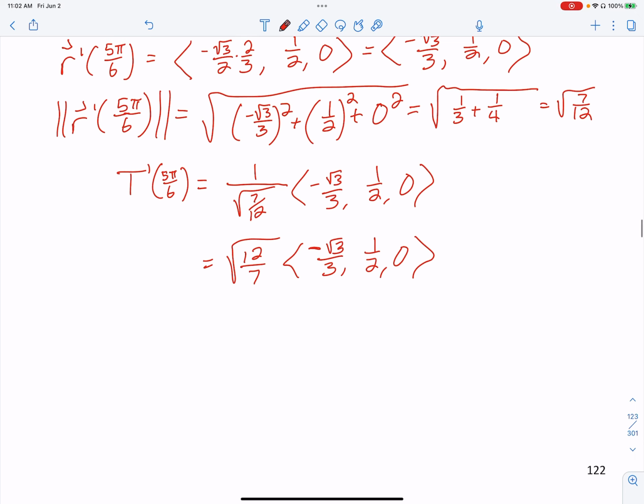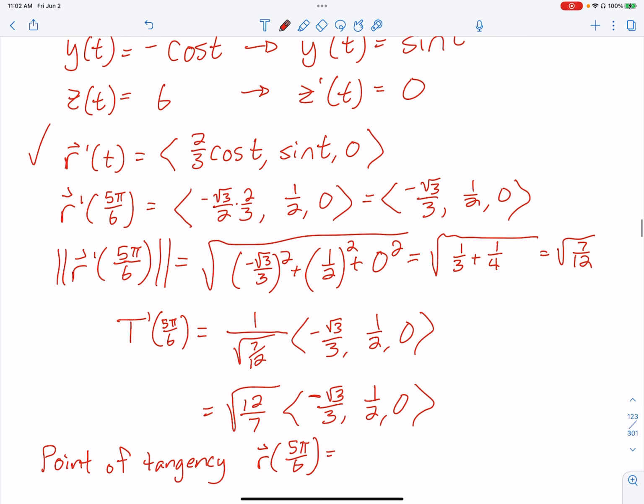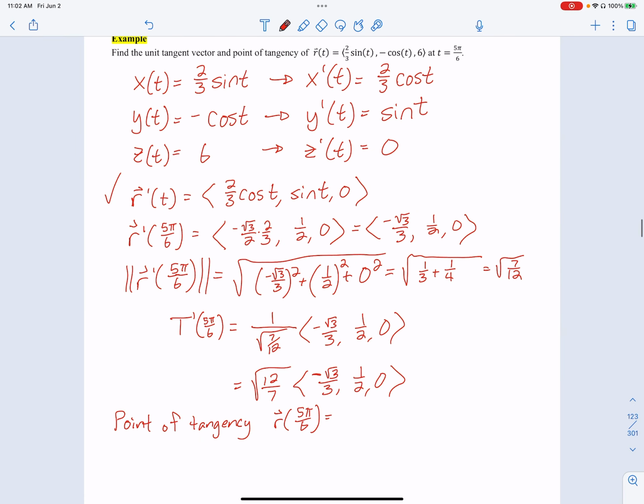They also ask for the point of tangency. How we go about that is we just plug the value in question into our function. So r of 5 pi over 6, but now we're looking at the original function. Let me zoom out here. So it's 2/3 sine t. Sine of 5 pi over 6 is 1/2, so we're going to get 1 over 3.